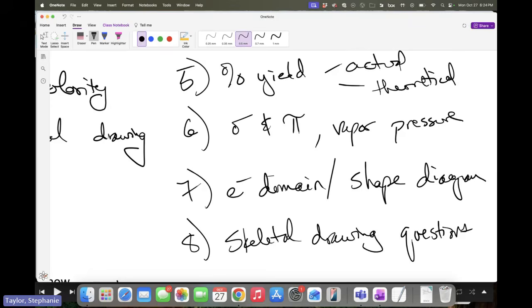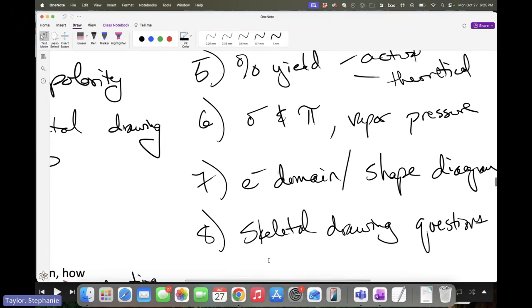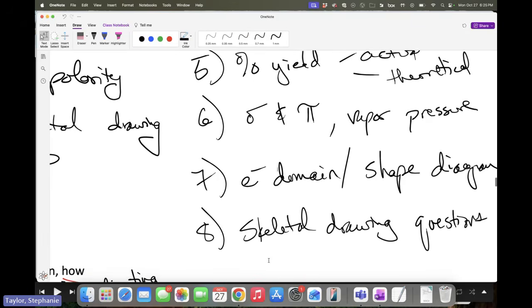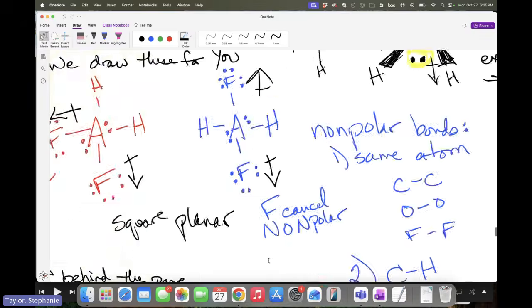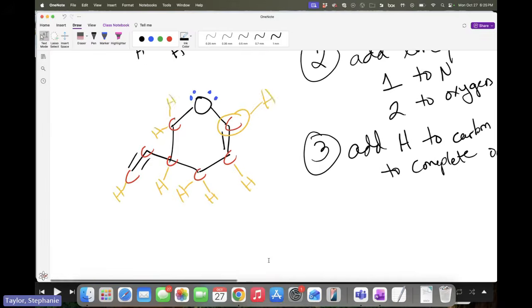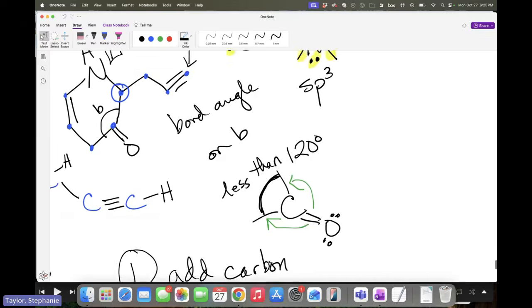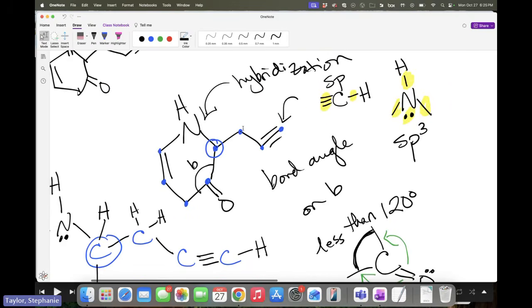Okay. All right. So in general, let me address what kind of questions we can ask about skeletal drawings. I showed off two of them: pointing and asking about hybridization, and pointing and asking about a bond angle.